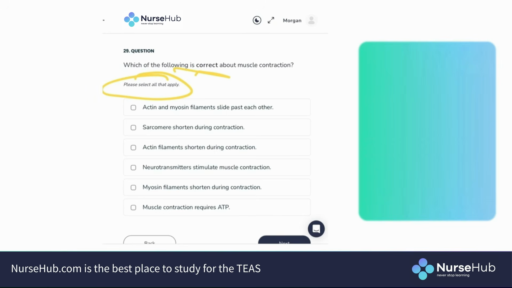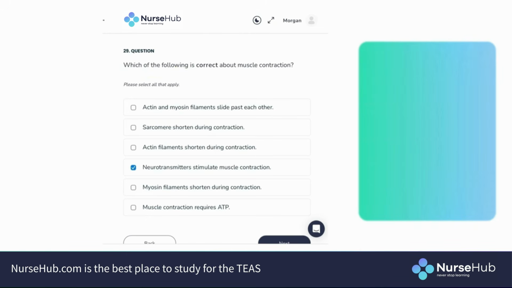So I know that muscle contraction occurs when neurotransmitters are released in the neuromuscular junction and stimulate the beginning of contraction. So I know there's one correct answer right here. I can go ahead and tick this one because I know the role that neurotransmitters play.